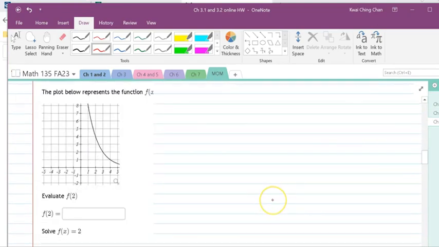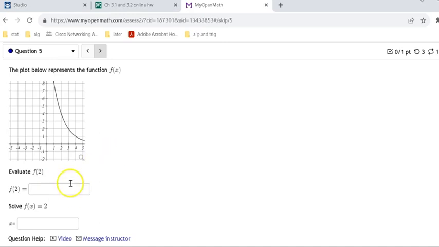I want to do f of 2, so x is equal to 2. This is the x-axis 2, and I will look up and down. So I will see this point. This one is 2, 6. So my f of 2 is 6.